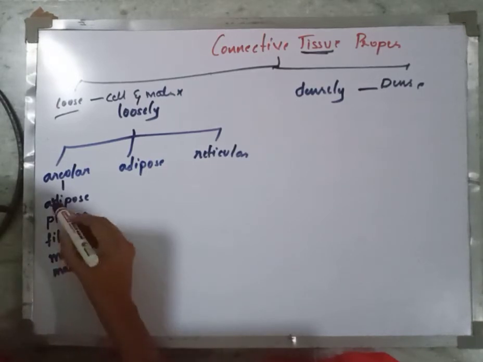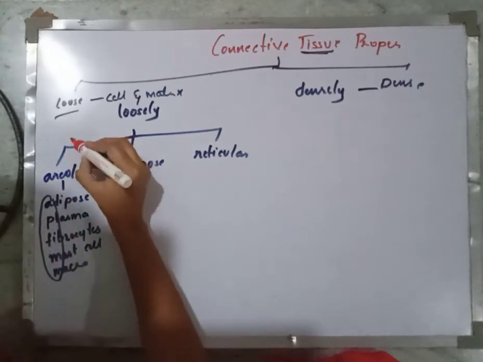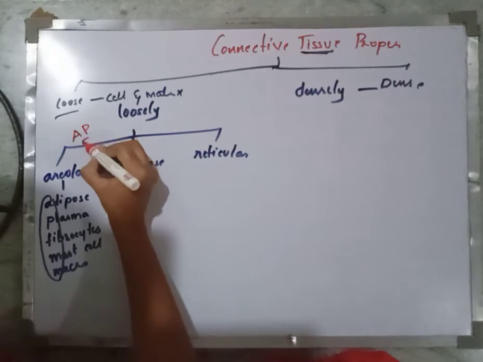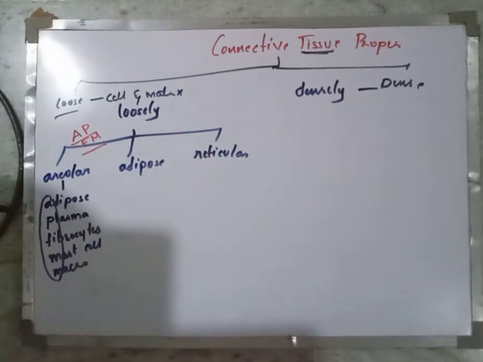The code to remember these examples is APFM. So these are the cells that are present in the areolar tissue.